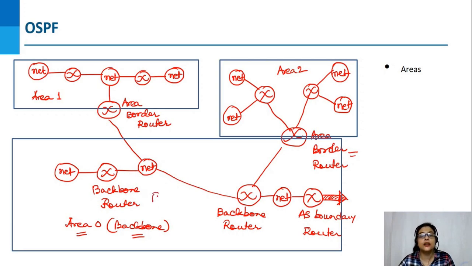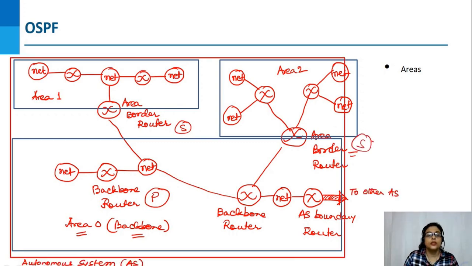So this is known as the primary router, and the area border routers are known as the secondary routers. So this is the total autonomous system, and we have the autonomous system boundary router here, through which it is connected to all other autonomous systems. So this is the total autonomous system or intradomain routing that is happening with the help of OSPF.